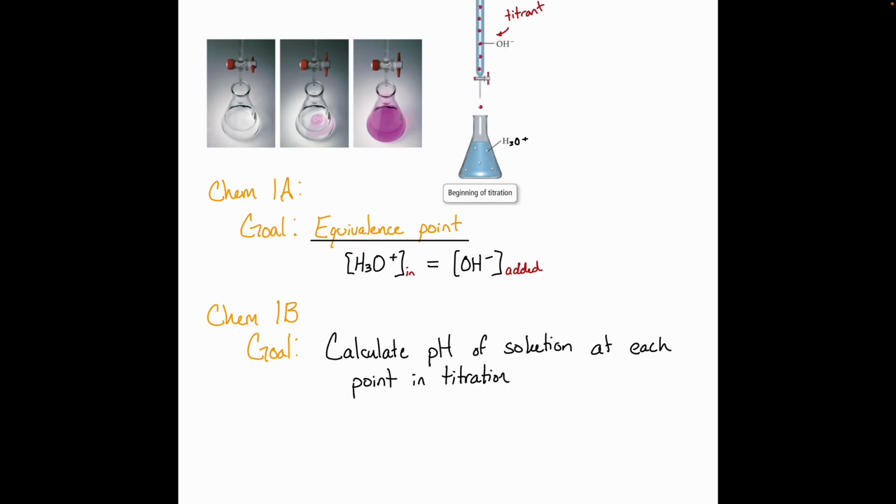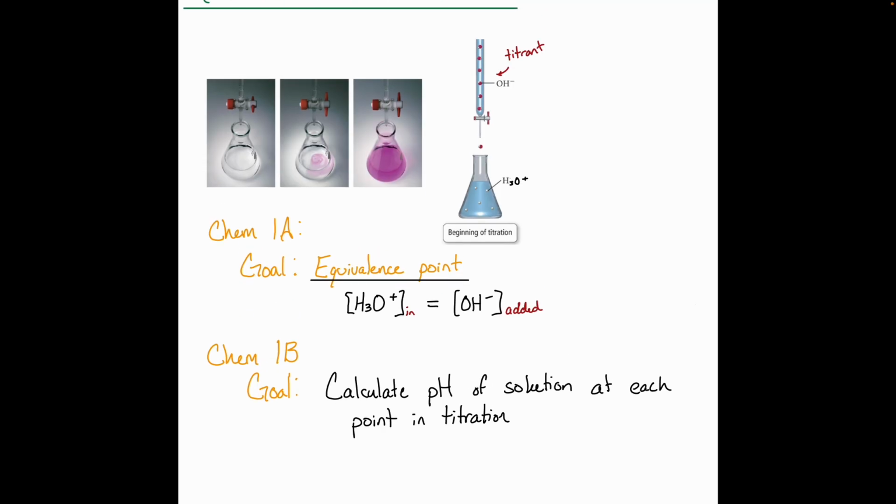All right, so we're no longer just getting to the equivalence point and then using that data. Our goal is to figure out, after I add 1 drop of base, what happens to the pH? After I add 10 drops of base, what happens to the pH? We want to know what happens to the pH at every point along the way in this titration.